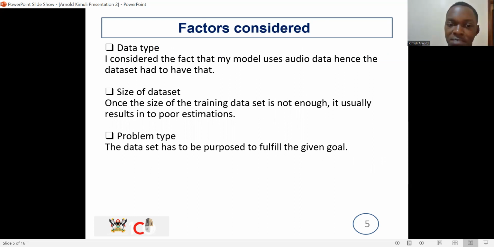The size of the data set matters, in that once the size of the training data set is not enough, it usually results in poor estimations. In the problem type, the problems had to be similar, in that the data set has to be purposed to fulfill the given goal.